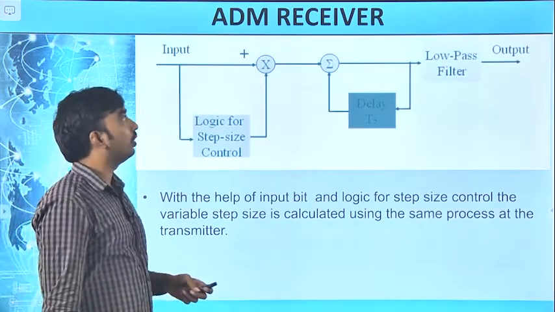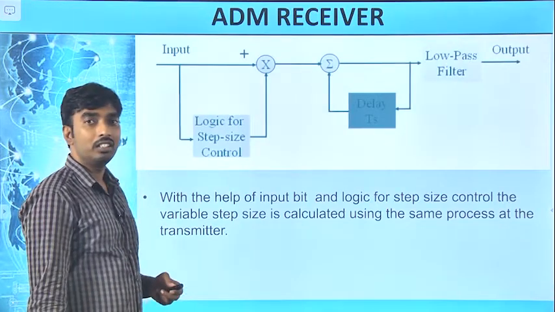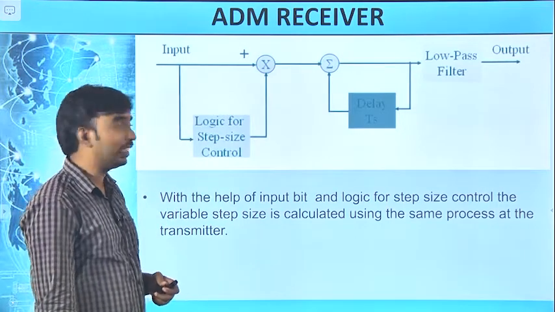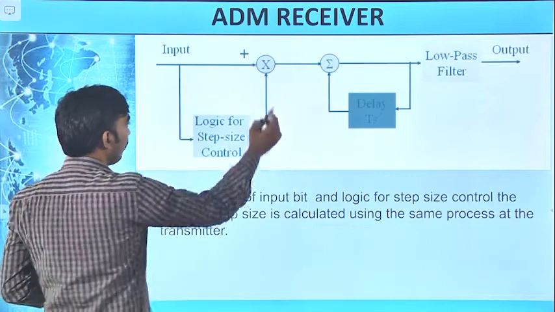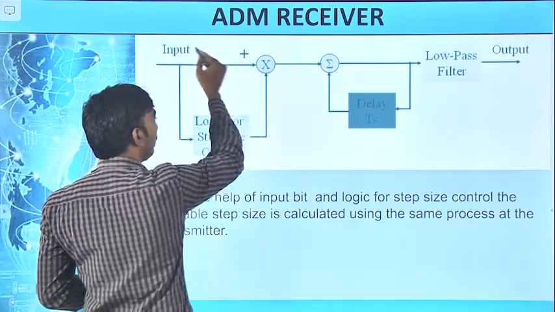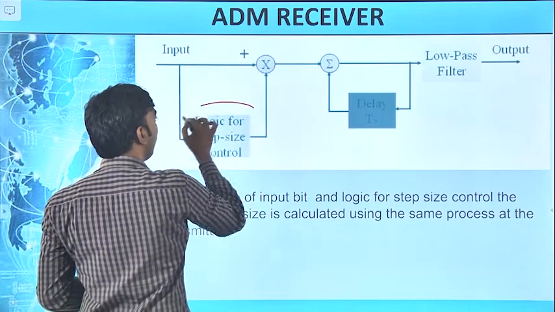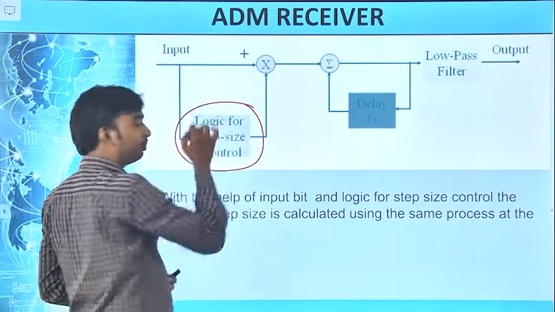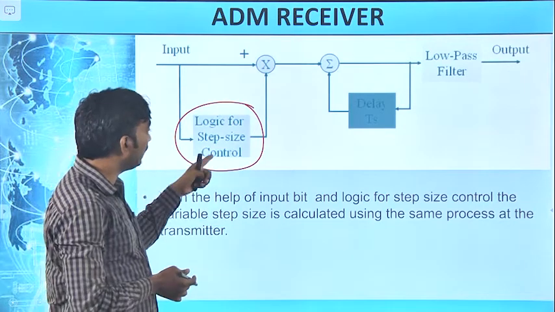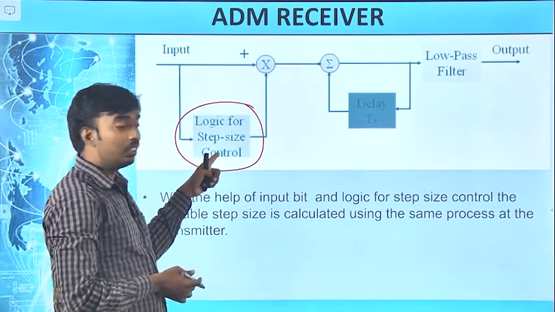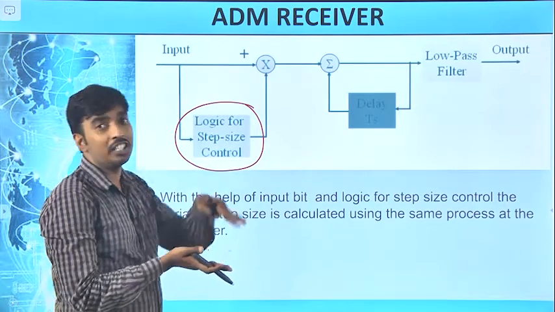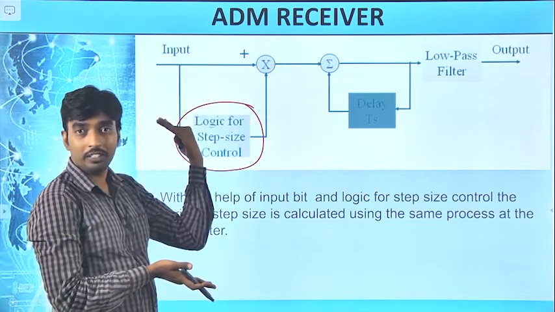Then we are going to see the demodulation process of the adaptive delta modulation technique, right? Here I am going to use the same logic which I have used at the transmitter, where by using the logical step size control, I have decreased or increased the step size at the transmitter.